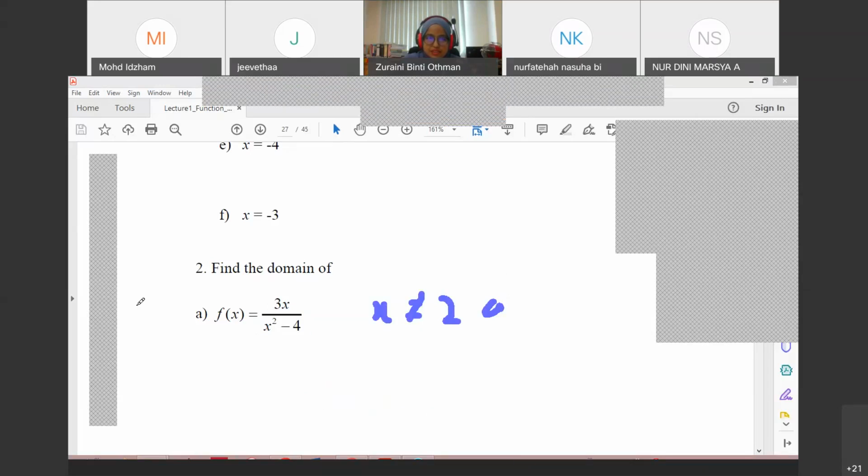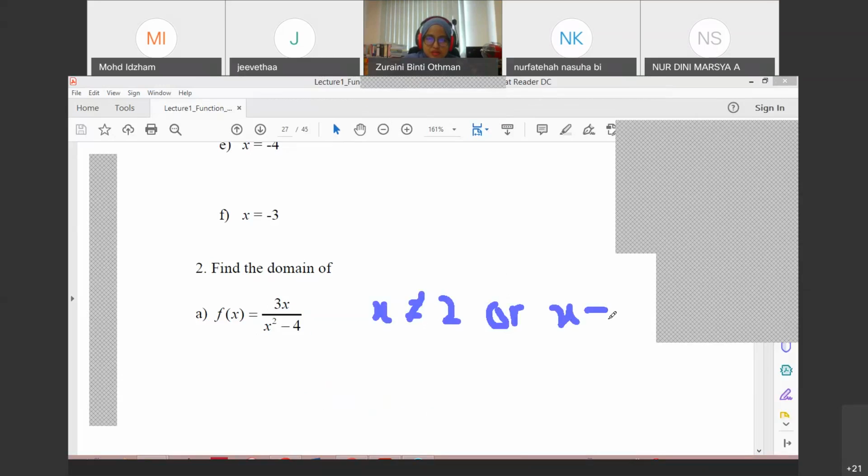Okay, apa beza bila kita buat soalan, bila masa kita nak guna O, bila masa kita nak guna N? Siapa tahu? X is not equal to negative 2.